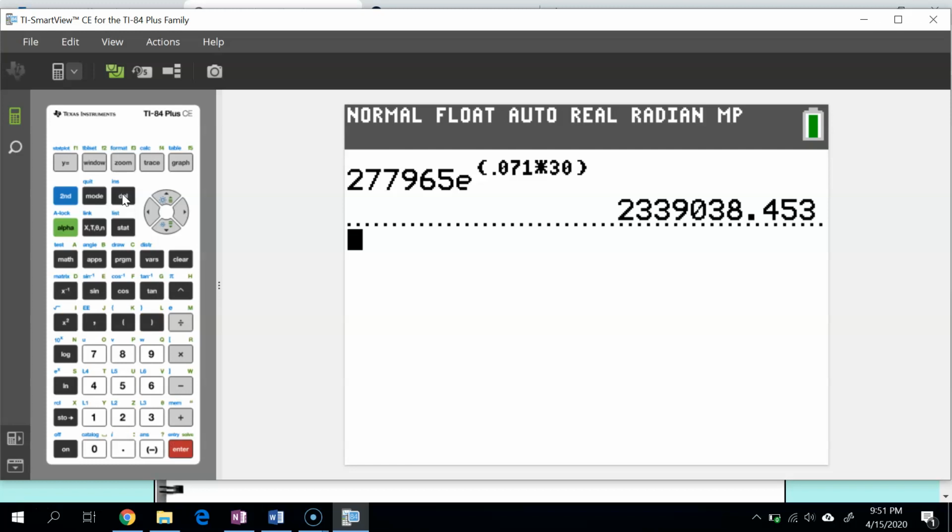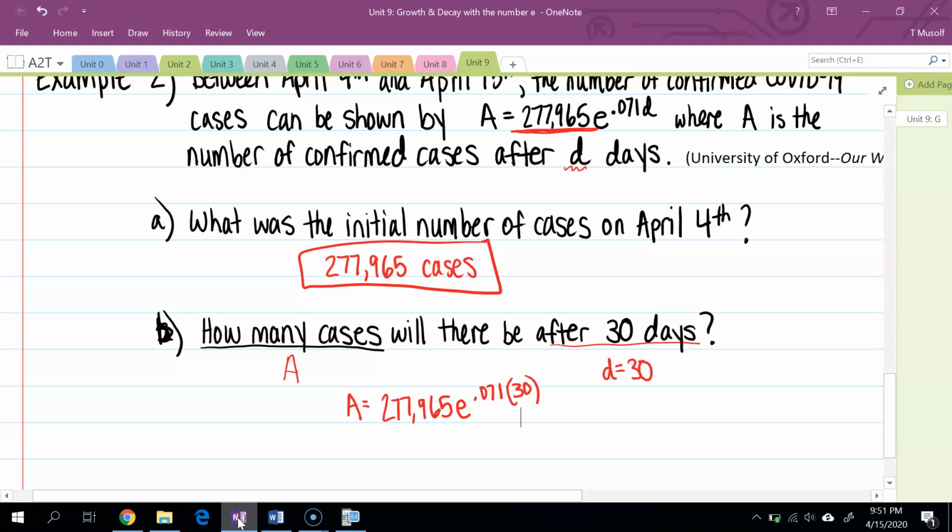After 30 days, we get 2,339,038 cases. You can't have a decimal of a case, so I would round down. So 2,339,038 cases.